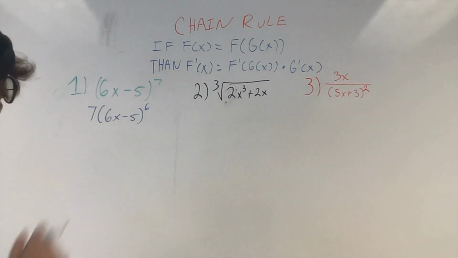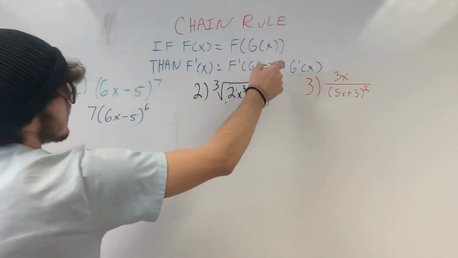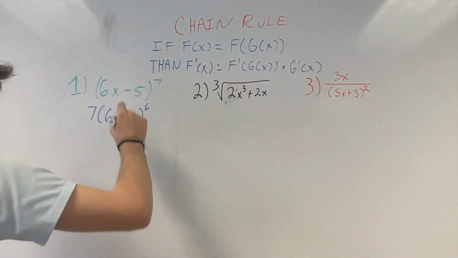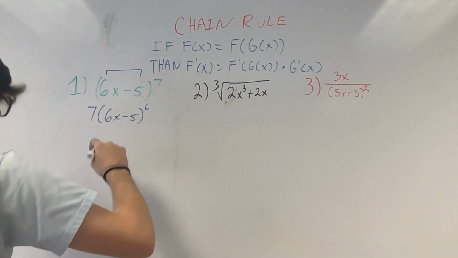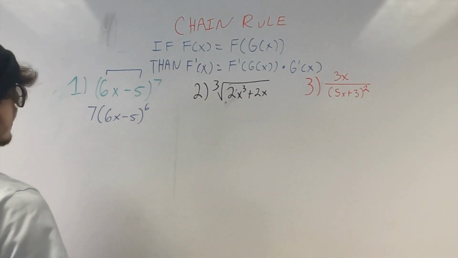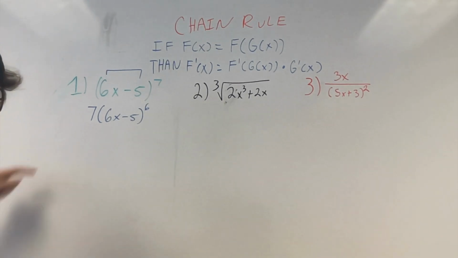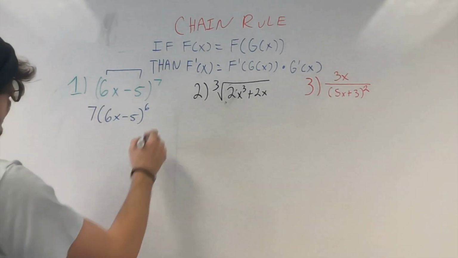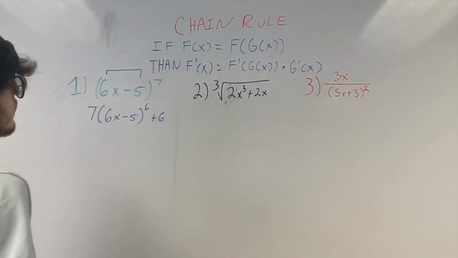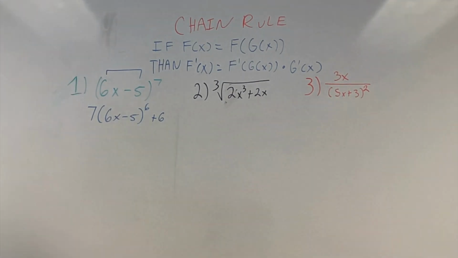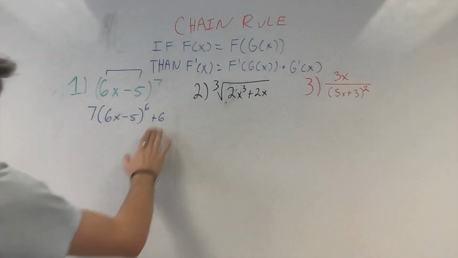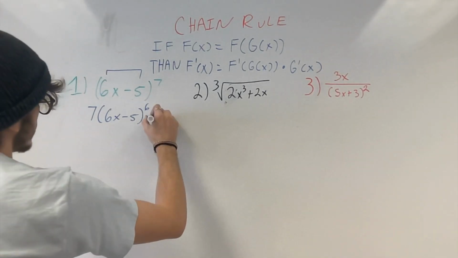But we're not done yet. We need to now take the derivative of the inside. So we're going to take the derivative of this piece, right? The 6x minus 5. So we know that a constant will drop out, so we don't have to worry about that. But the 6x here, that's just going to be 6. Okay, pretty simple. It's not plus 6, it's multiplied by 6.